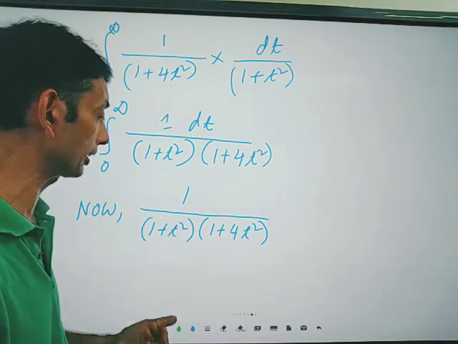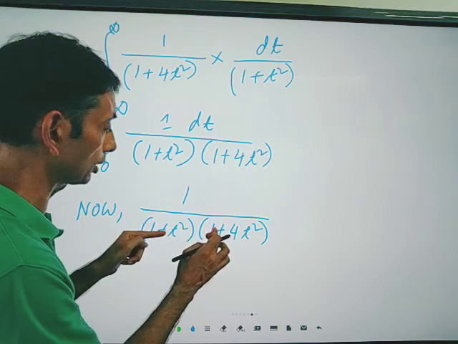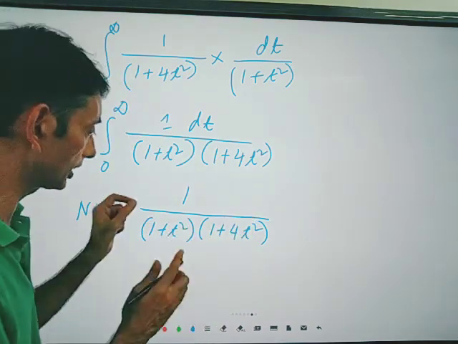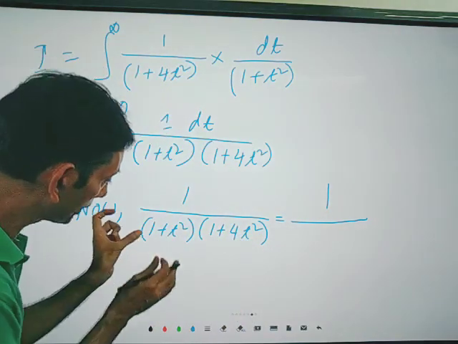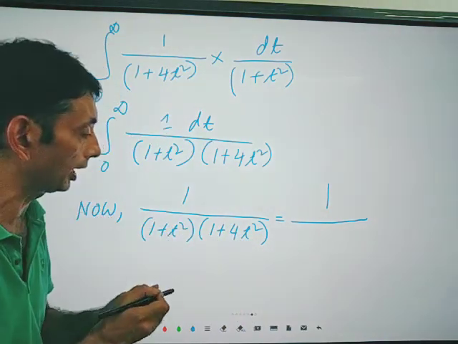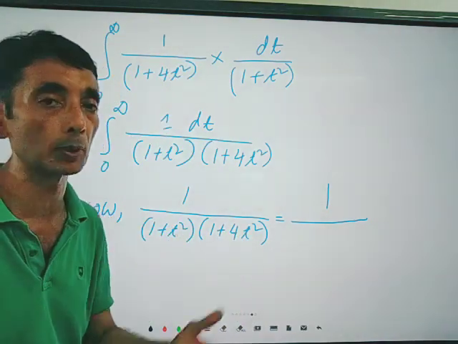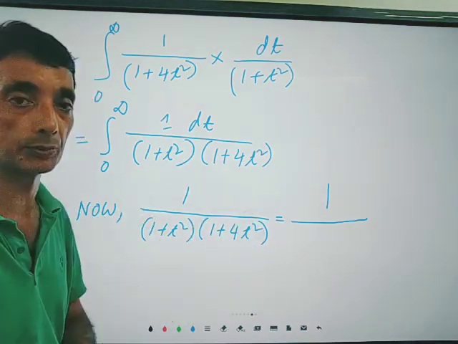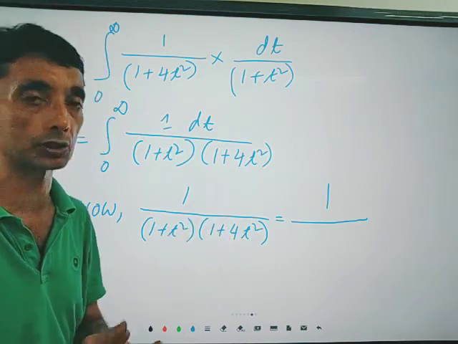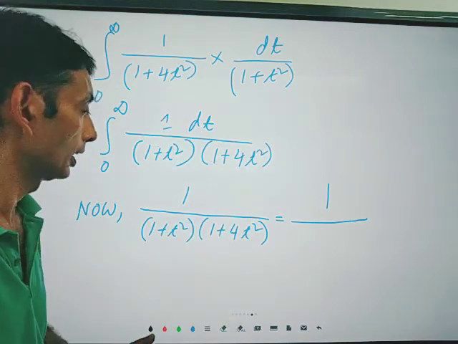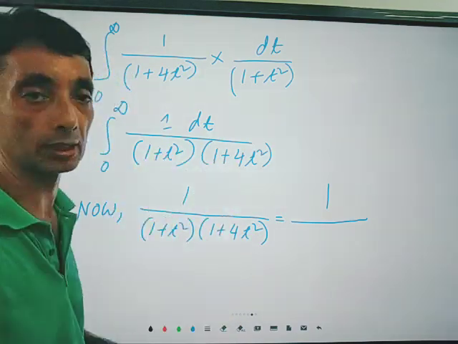1 by 1 plus t squared, 1 plus 4t squared. There we'll follow a simple trick. The power of t here is 2, so if we directly go for partial fractions, things become very difficult, because the power of t is 2 in both terms. So we'll try to avoid the t squared power.